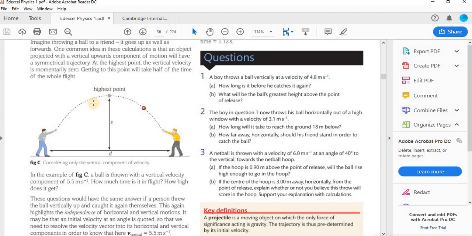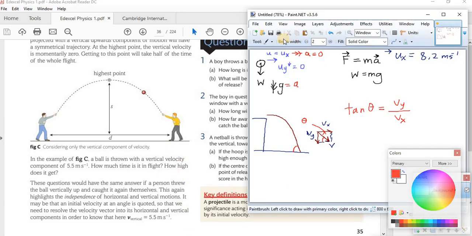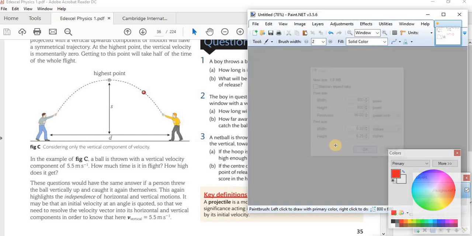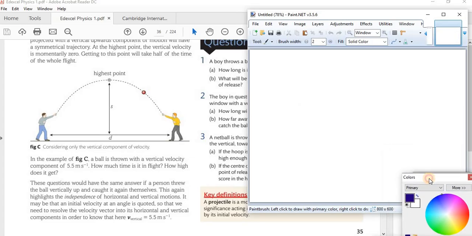What else we know is the acceleration of free fall, which is vertically downwards, 9.81. What we are supposed to find is the time and how high it gets. Based on the information we have, we can draw a diagram and label all the quantities, because that will make it much easier to understand and then figure out which equation you are supposed to use.